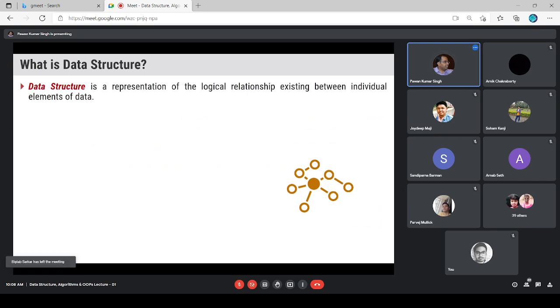Now, what is data structure? Data structure is the representation of the logical relationship which exists between the individual elements of data, or datum actually. How the individual elements of the data, the relationship that exists between them, is called the data structure.